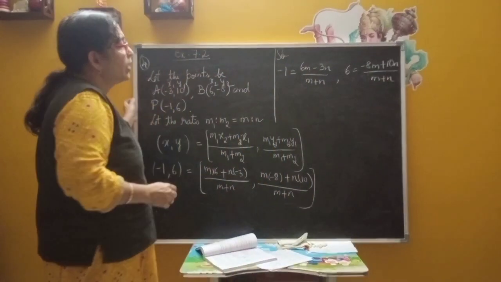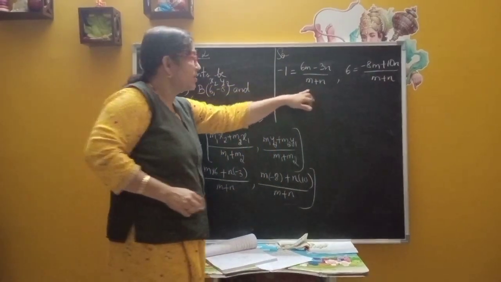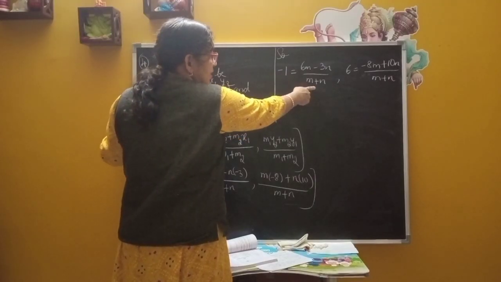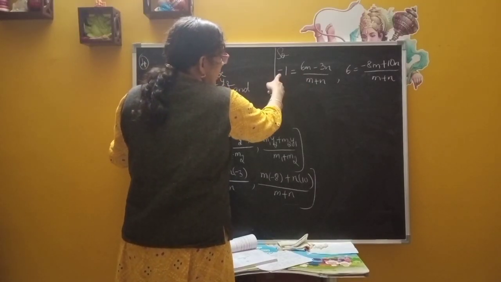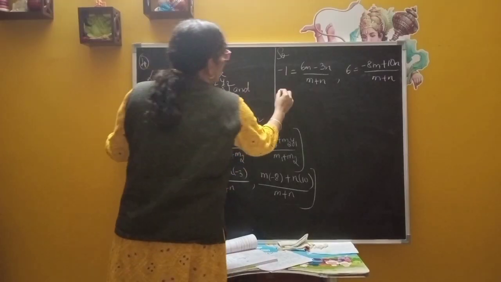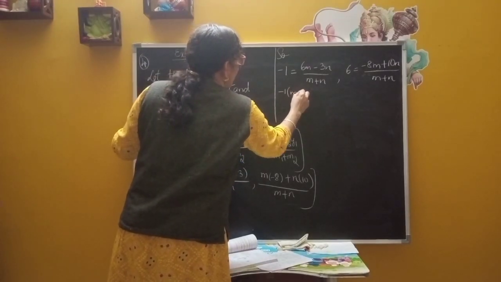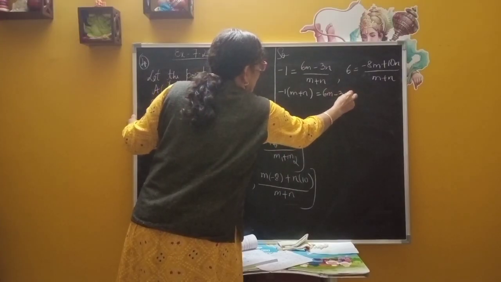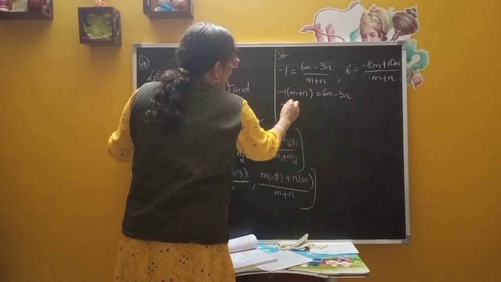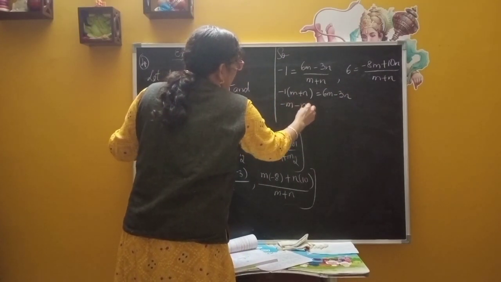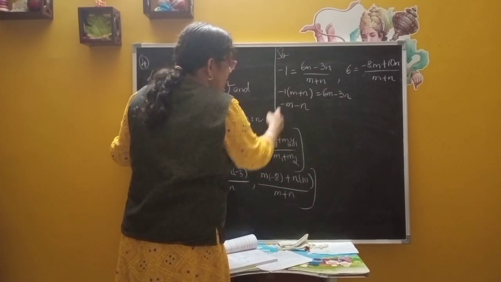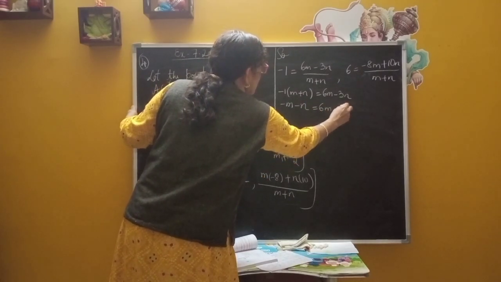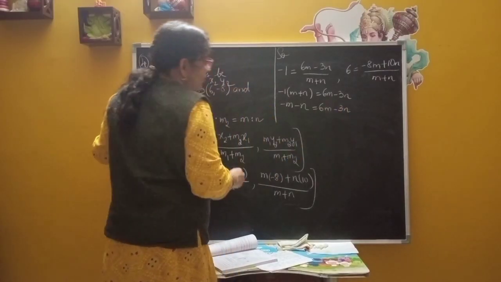Now let us transpose and simplify. If I multiply minus 1 by m plus n, we get minus m minus n is equal to 6m minus 3n. Let us simplify now.